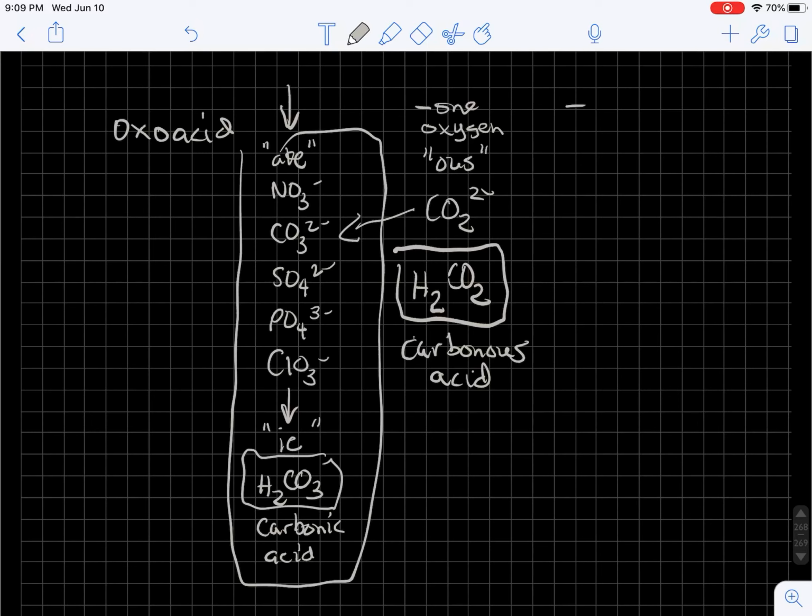Now, if you subtract 2 oxygens from the formula, then instead of the term us, you're going to put a hypo at the beginning because it comes from the hypo-whatever-ite ion, and we're going to change the ending to us. So you drop 2 oxygens and it becomes hypo-us.